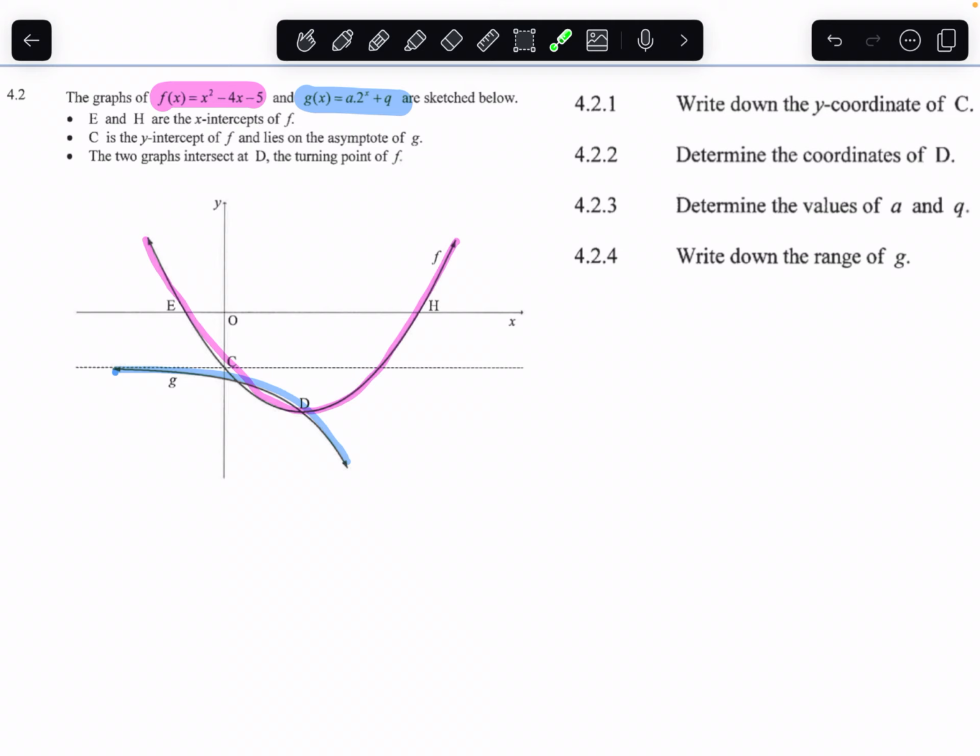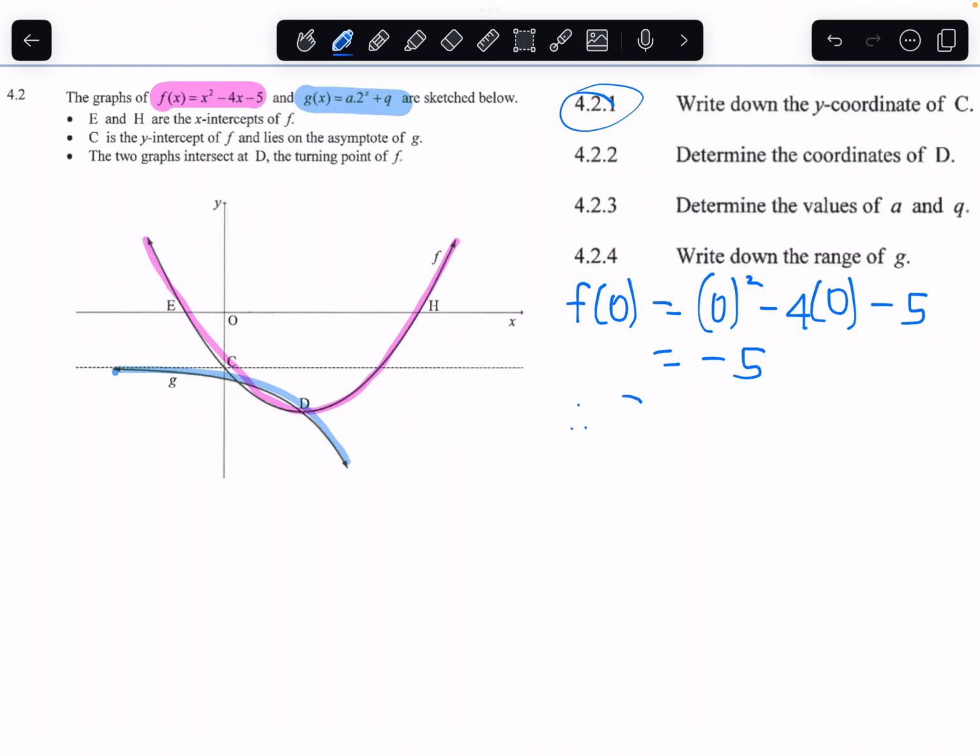Write down the y-coordinate of C. So C is the y-intercept of f. And the y-intercept occurs when x is equal to 0. So let's work that out real quick. f of 0 is equal to 0 squared minus 4 times 0 minus 5. So that is equal to negative 5.